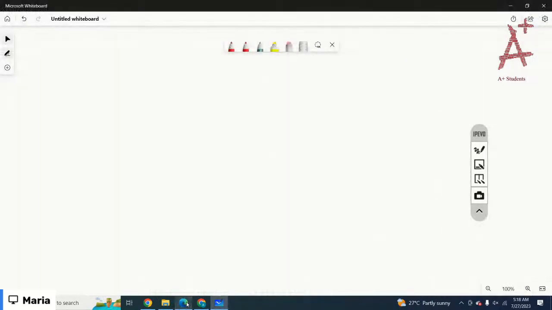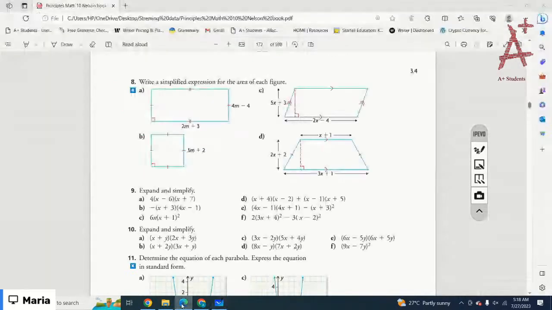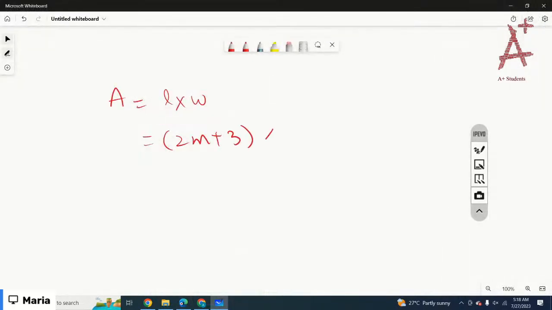Okay, (2m + 3)(4m - 4). Area of a rectangle equals length times width. Length is 2m + 3 and width is 4m - 4. Just solve them using the distributive property.